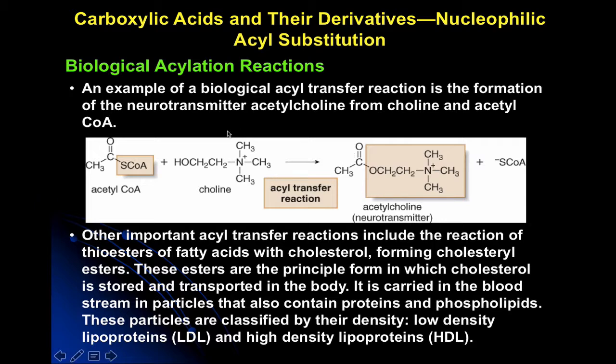And so it's actually a reaction between the alcohol of choline and the acetyl group of acetyl-CoA. And so we can actually make this in the lab. If we took acetyl chloride, which is just an acid chloride, plus this alcohol, it would make acetylcholine. However, biologically, we use acetyl-CoA and choline. This is going to function as our leaving group, and we're going to make this neurotransmitter as needed to do this kind of stuff.